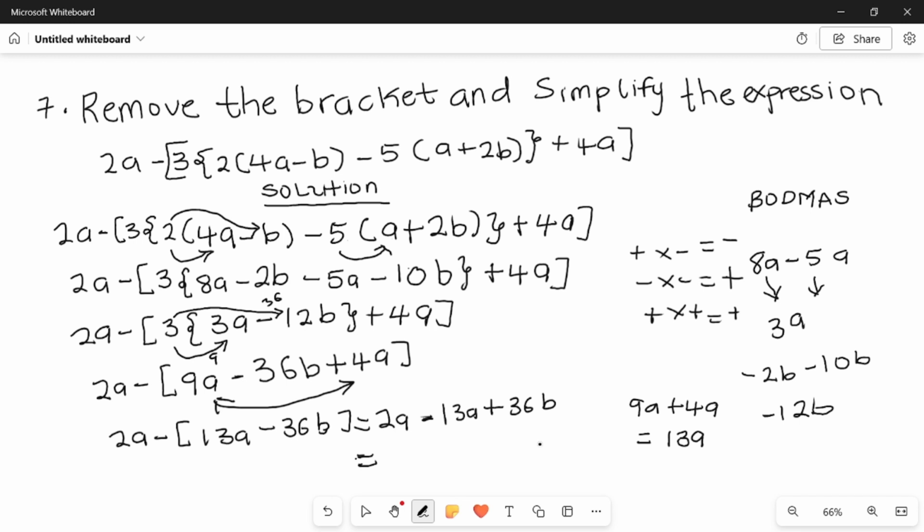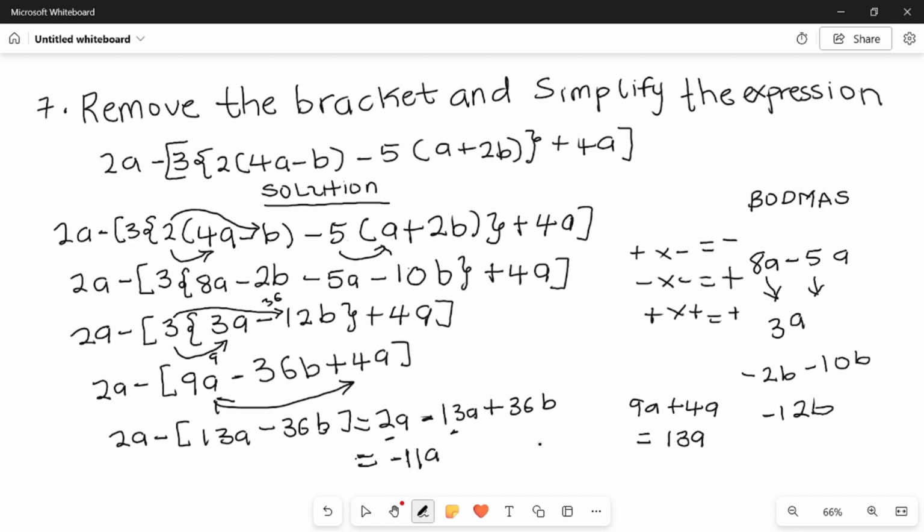2a minus 13a. Let's say you're owing a friend 13 naira and you have 2 naira with you at the moment. So when you pay the friend, you'll still be owing your friend 11 naira, right? So if you are owing the person 11 naira, it will be negative. So you have minus 11a, right?